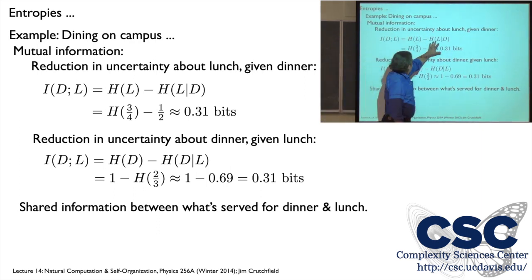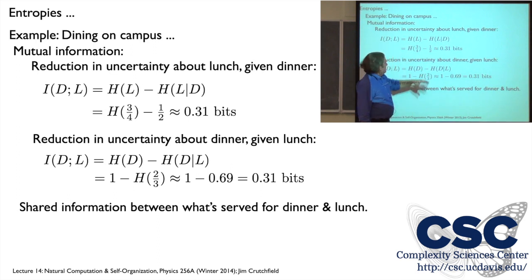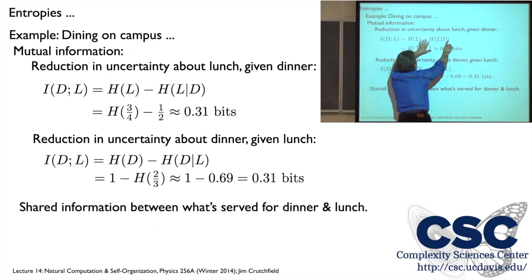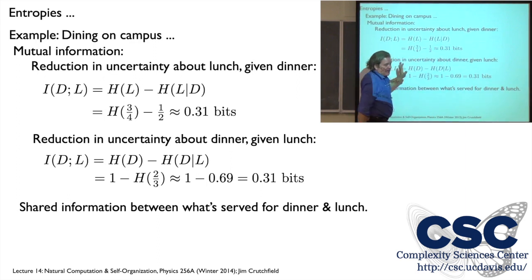So in this particular identity, we can think about this as the reduction in uncertainty about lunch, given that we had dinner. Nothing else said, I'm that uncertain about lunch, but I reduced that uncertainty because I know something about dinner, right? But there's still some residual uncertainty, which I factor out of the uncertainty of lunch, and what's left over is the common information.